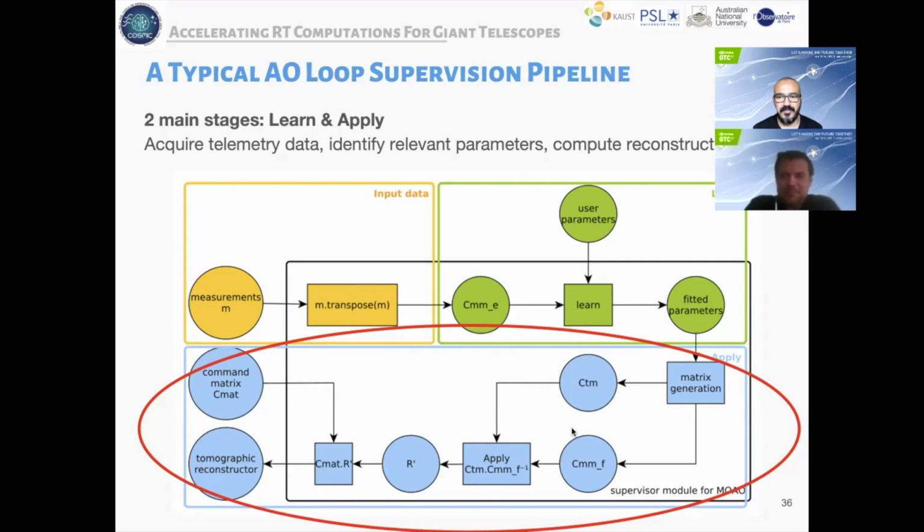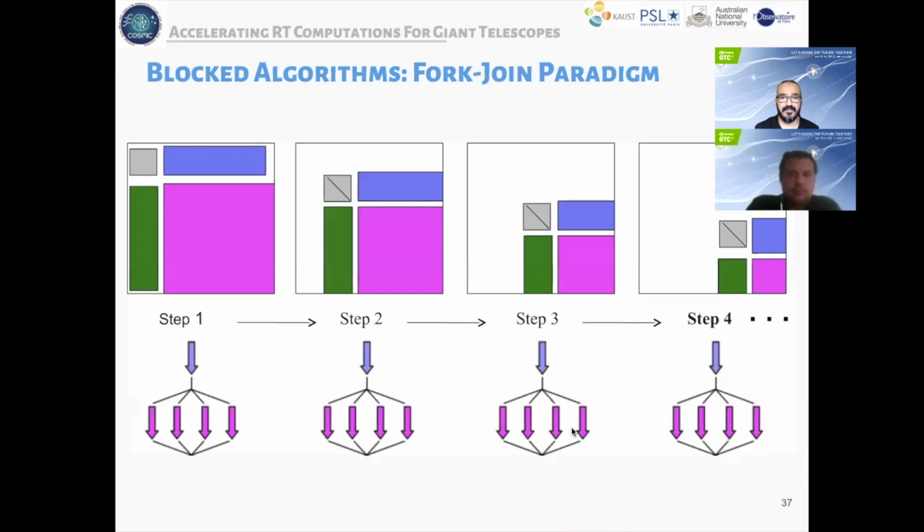Yeah, thank you, Damien. So we're entering now the apply phase, which is part of the soft real time. And as you can see in this pipeline, there are lots of linear algebra operations involved, and we're trying to find ways to accelerate those operations on GPUs.